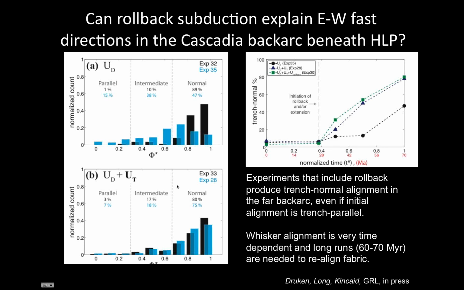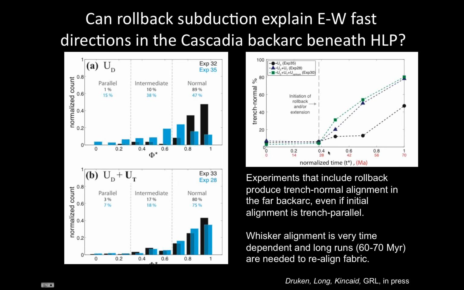So what this really demonstrates is that it's the cases with slab rollback that do a much better and more efficient job of getting this trench normal, what would be basically east-west alignment in the far back arc, which is relevant for thinking about the HLP data set.